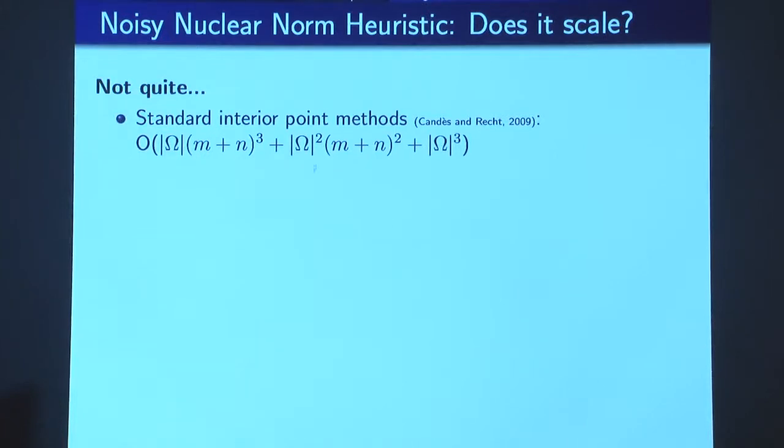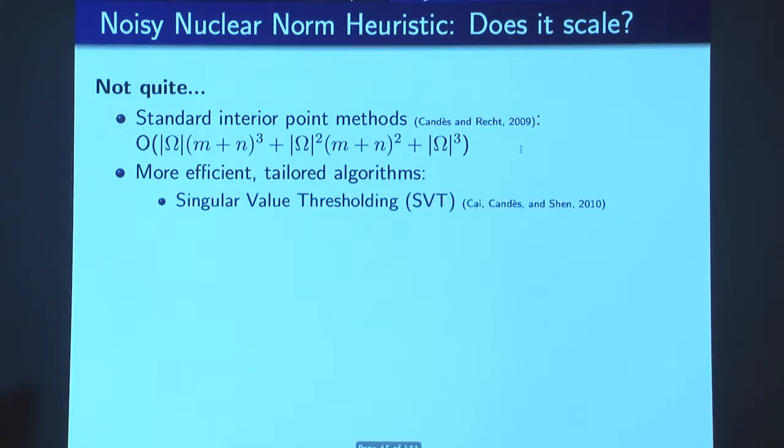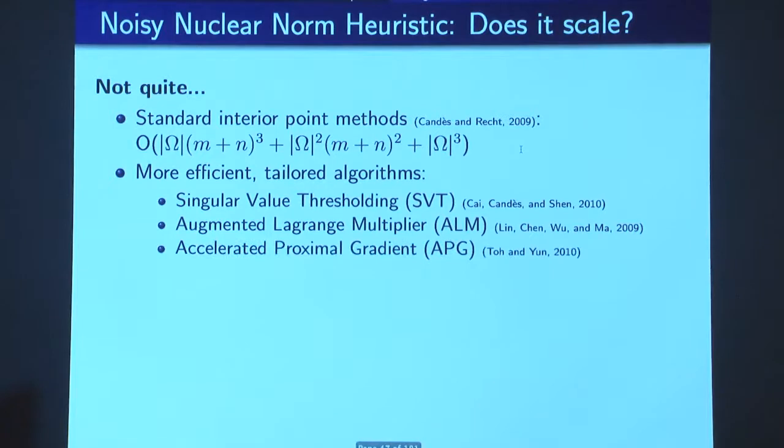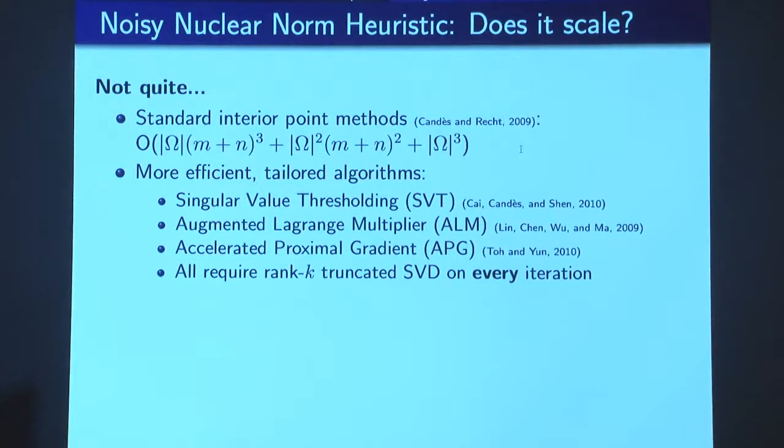Well, already that gets pretty bad scaling in all the relevant parameters, cubic and quadratic scaling. So let's not consider that. There are more efficient, tailored algorithms that you could use, like singular value thresholding, augmented Lagrange multiplier methods, accelerated proximal gradient methods. These are all more tailored, but they all also require rank k truncated SVDs on every iteration of a gradient descent style procedure. And that's what becomes expensive when you're dealing with really large matrices.